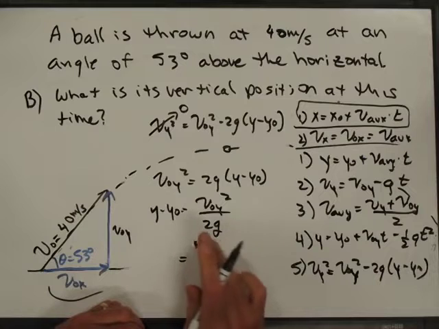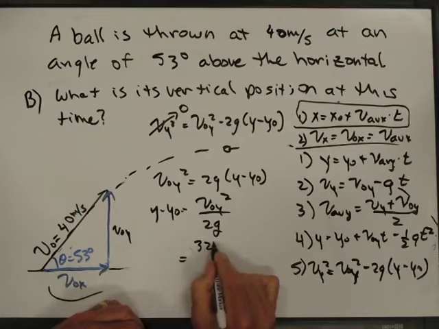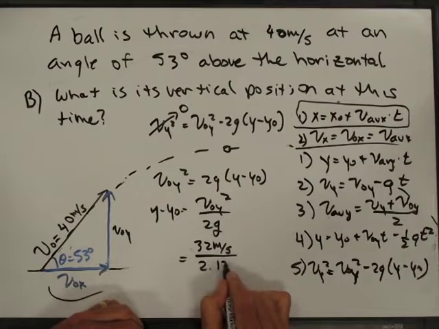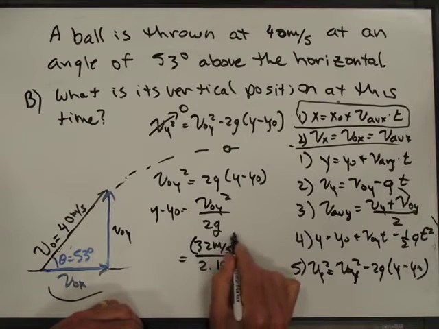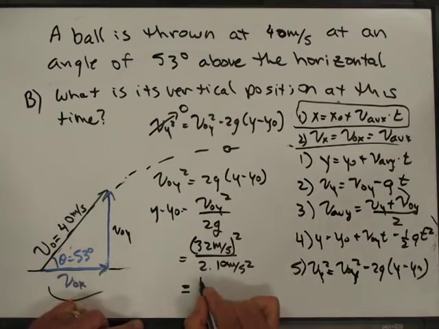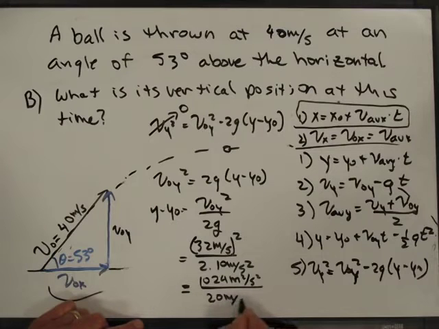V naught y was 32 meters per second, over 2 times 10 meters per second squared. 32 squared is 1024, divided by 20.